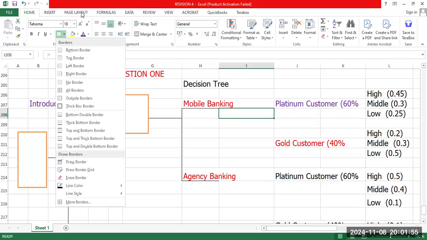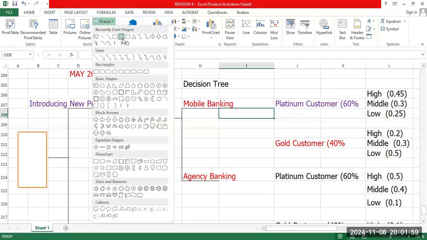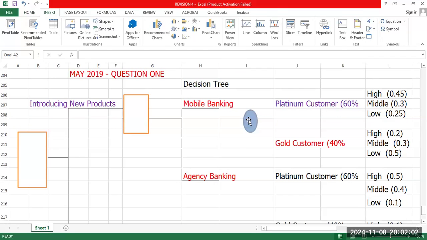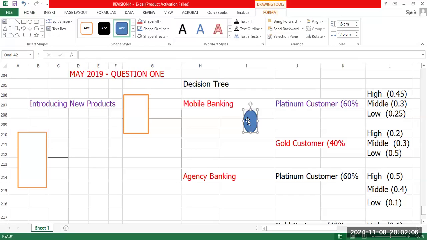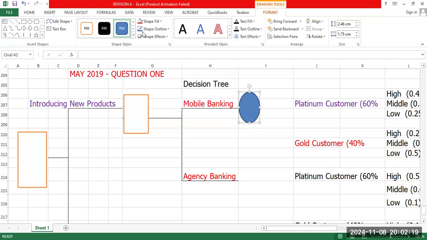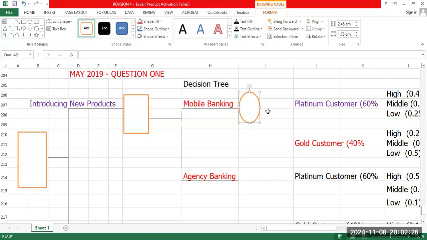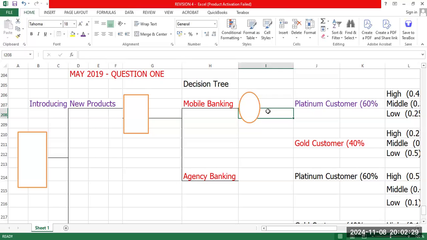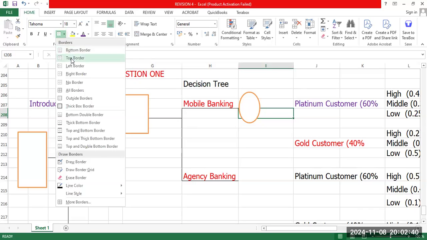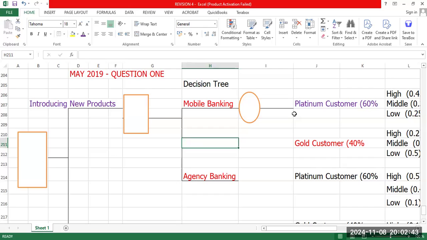I want to make sure that each state of nature starts from a circle. Okay, so I will do this.